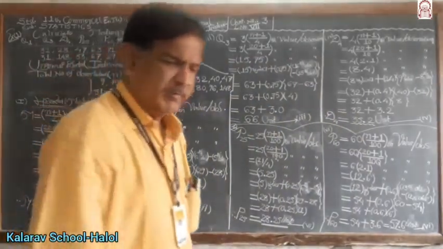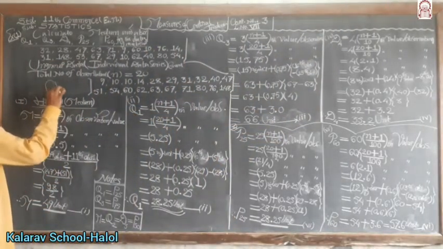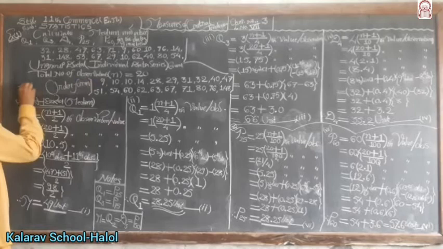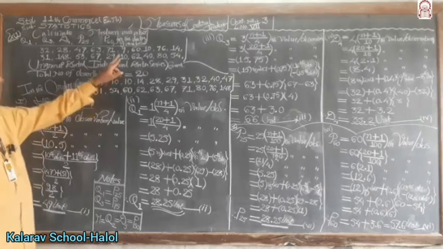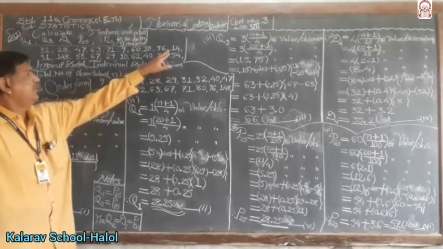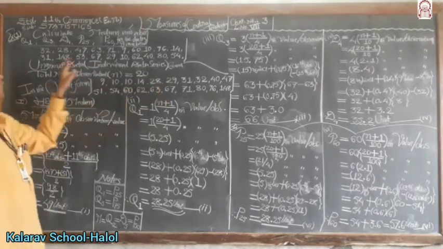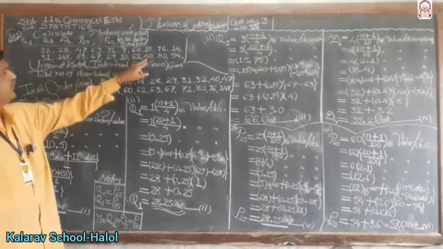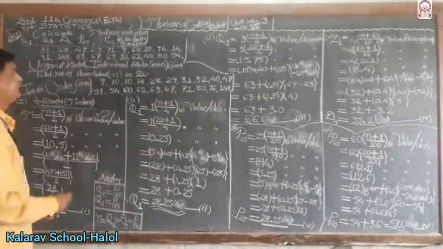Order form means the data arranged in the order series. In the ascending order, if we arrange the data, then first of all 9, then 10 occurs 2 times, 10, 10, then 14, 28, 29, 31, 32, 40, 40, 47, and so on.